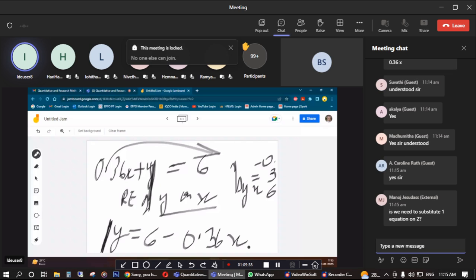Simple basic algebra. So 1y is equal to 6 minus 0.36x. இப்போ coefficient of y is 1. So you will divide the entire equation by 1. 6 by 1 is 6. Minus 0.36 divided by 1 is minus 0.36. So byx is directly written as minus 0.36. அவ்வளவுதான்.